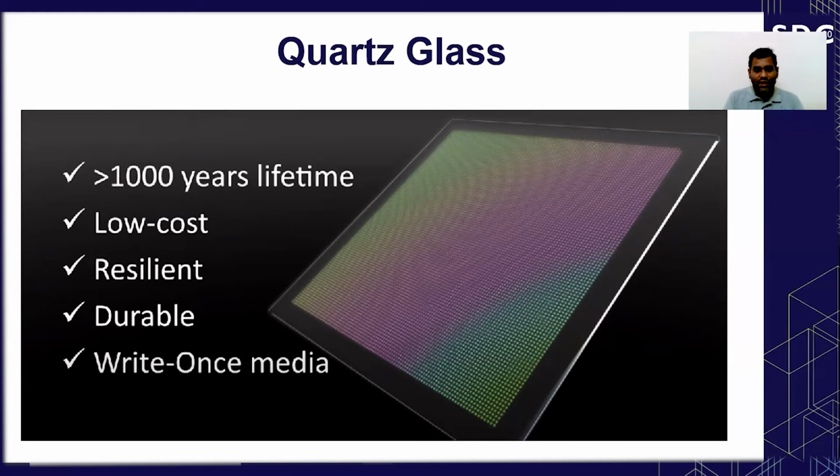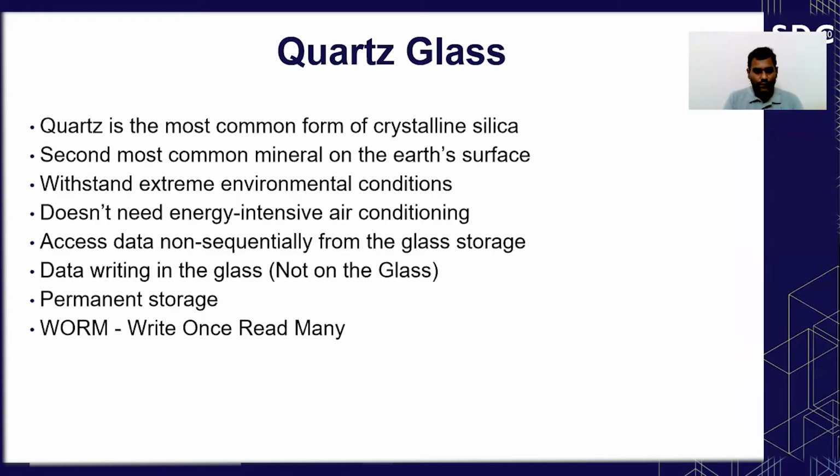This is the image of the quartz glass. Quartz is the most common form of crystalline silicon, and it is the second most common mineral on the Earth's surface. So it is readily available all over the world, and the cost is low.